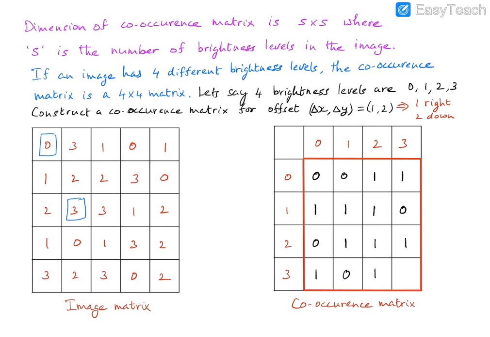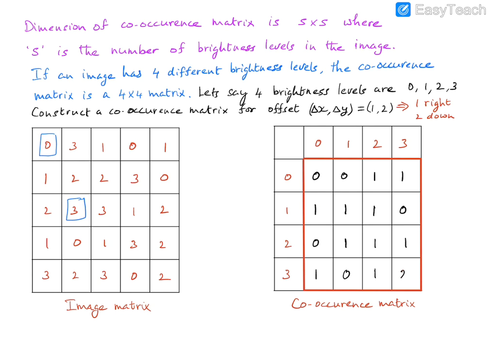So the first time was here between these two, and now the second time it's here and here. So the number of times we have the 3 and 3 combination is 2 so far. So for this 3 at the offset it's a 0, so we don't count that, and the other 3s will take us outside the bounds of the image, so we don't count. So there are 2 times that we get the pixel values having the values 3 and 3 at that particular defined offset. So we'll put the number 2 over here.